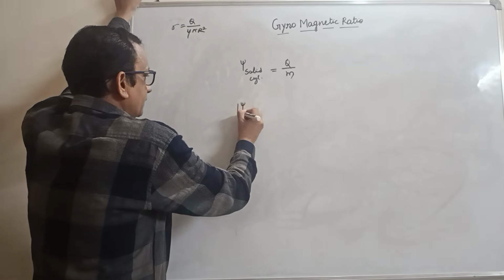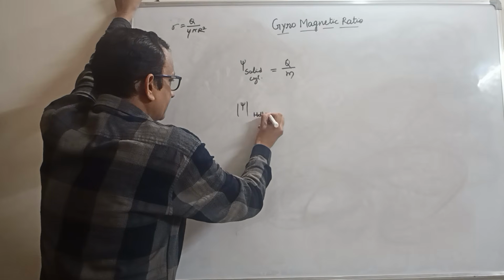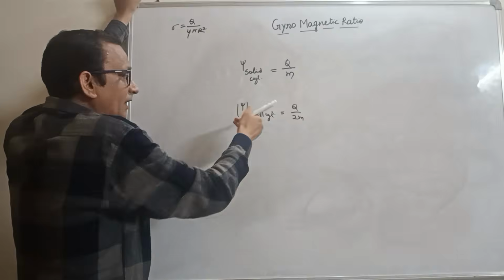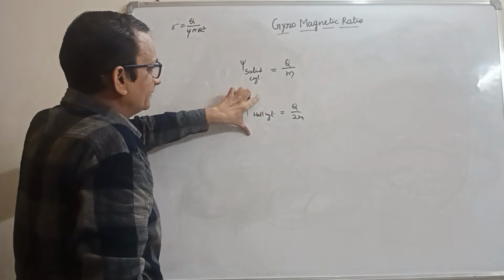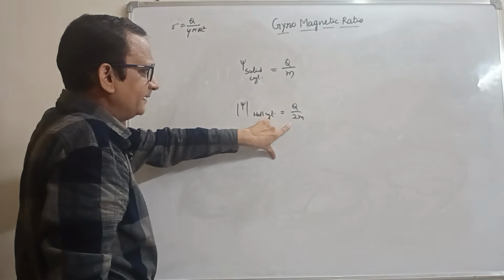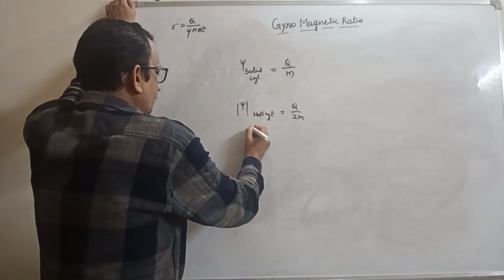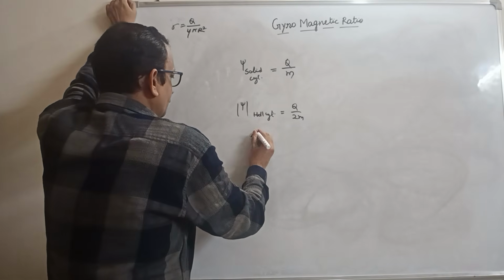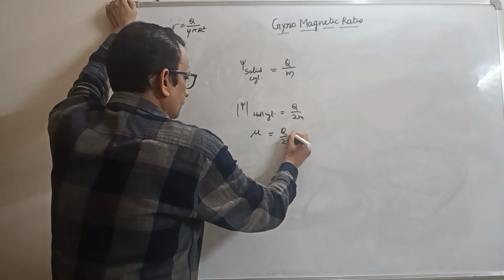We know the gyromagnetic ratio for a hollow cylinder is q by 2m, because the mass and charge distributions for a hollow cylinder, hollow sphere and hollow cone are symmetrical, so this is correct. So we write here q by 2m, the gyromagnetic ratio, which is mu by L. So L is multiplied here.